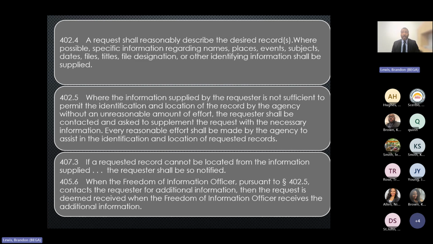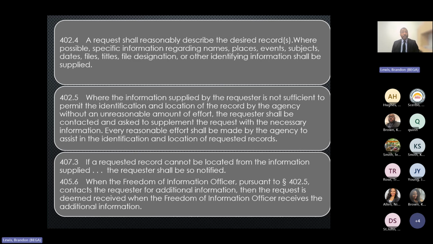Where the information supplied by the requester is not sufficient to permit the identification and location of the record by the agency without an unreasonable amount of effort, the requester shall be contacted and asked to supplement the request with the necessary information. Every reasonable effort shall be made by the agency to assist in the identification and location of requested records. If requested record cannot be located from the information supplied, the requester shall be so notified.